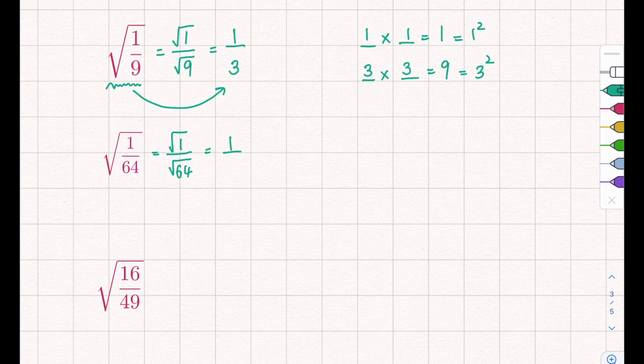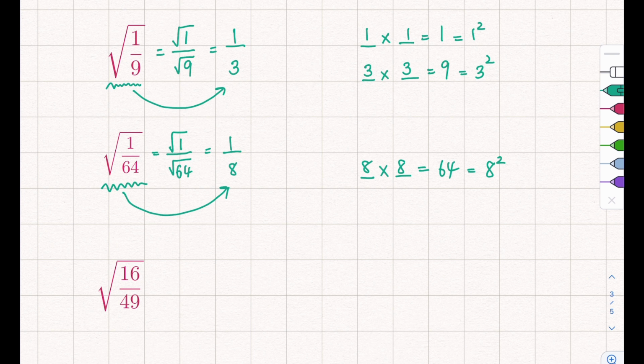And for the bottom, 64, what times what gives us 64? And the answer is 8. So 8 squared equals 64. Therefore, the square root of 64 is equal to 8. So the square root of 1 over 64 equals 1 over 8.